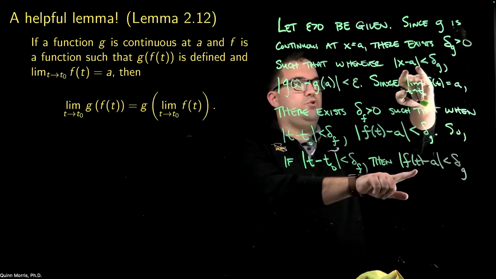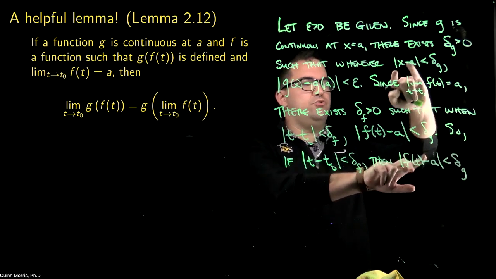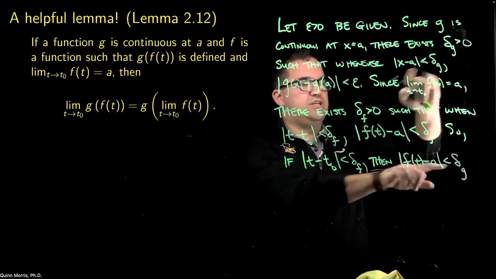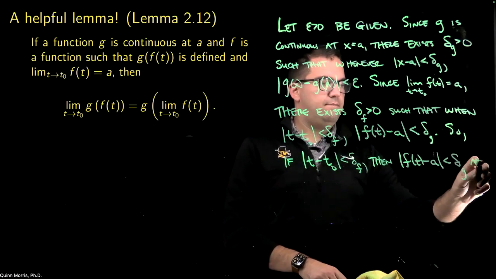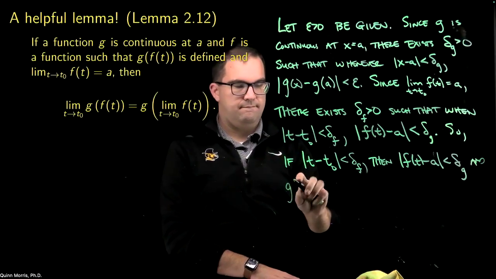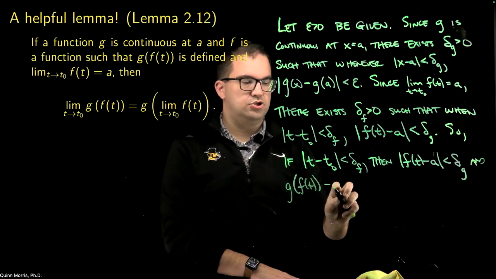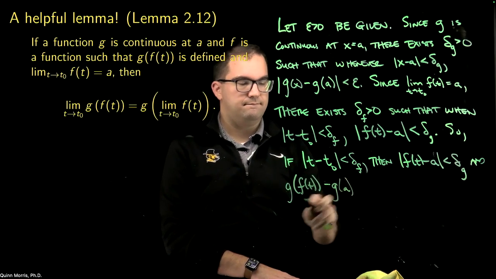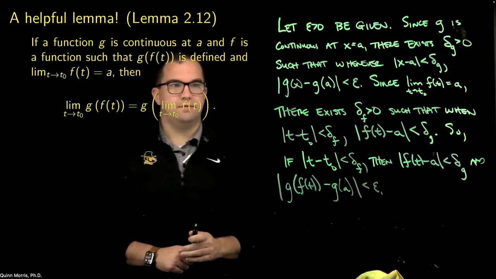But now, again, viewing my f of t like my x here, since these two values are within delta g of one another, g of f of t minus g of a must be less than epsilon.